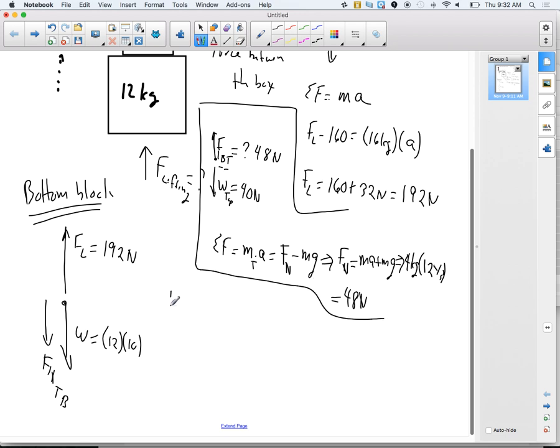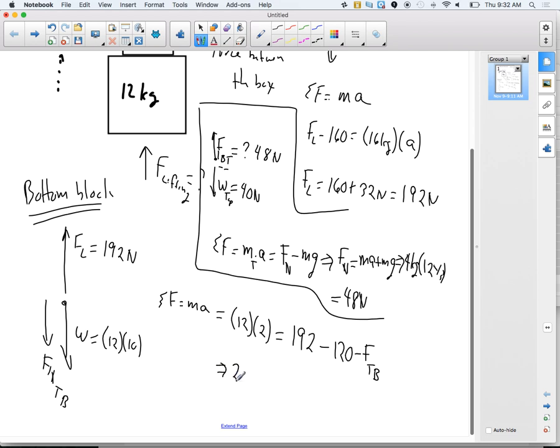So now I can do some of the forces like we're familiar with. So I'm going to say F equals ma, or sum of the forces equals ma. So I have 12 kilograms being accelerated at 2 meters per second squared is equal to the 192 upward force minus the weight, which is 120, minus F of the top block pushing down on the bottom block.